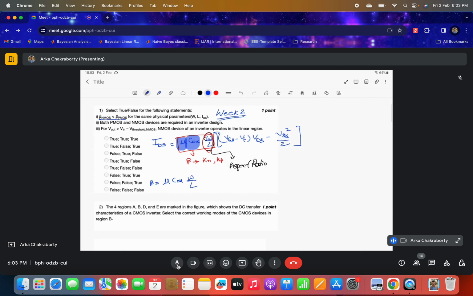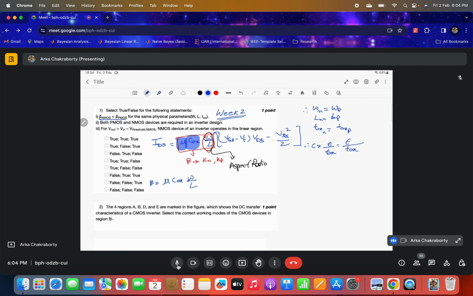It is given they have the same physical parameters, therefore W of NMOS equals W of PMOS, L of NMOS equals L of PMOS, and Tox of NMOS equals Tox of PMOS. Now we know capacitance equals A epsilon by D, where D here is Tox. So if I take normalized capacitance per unit area, it will be epsilon by Tox.